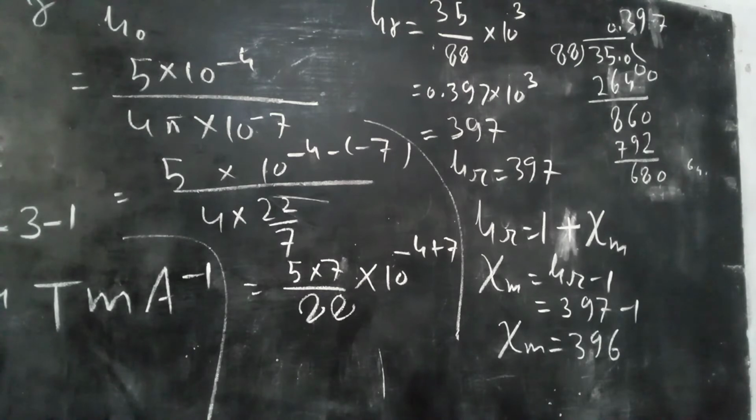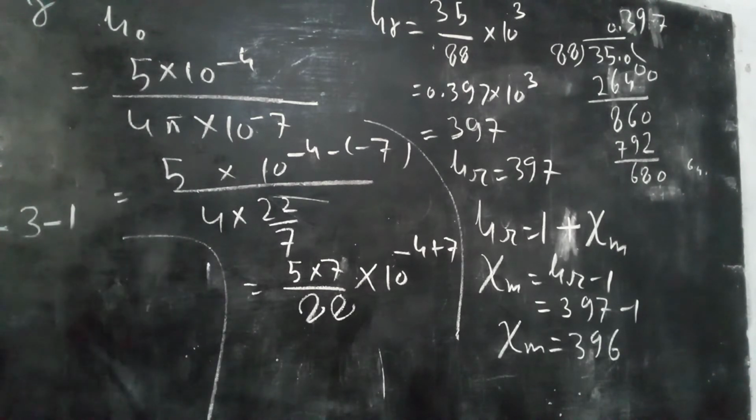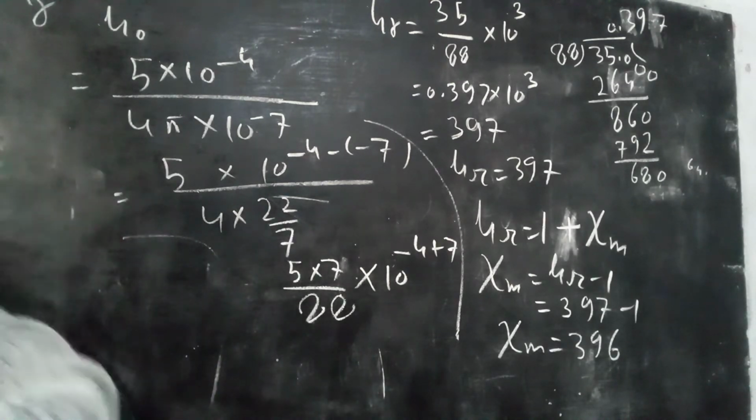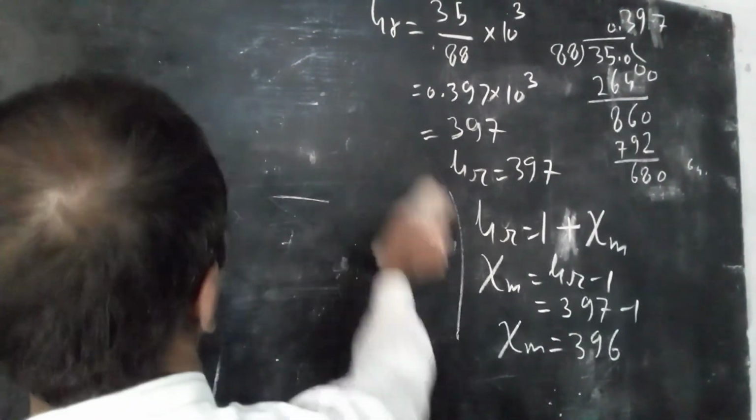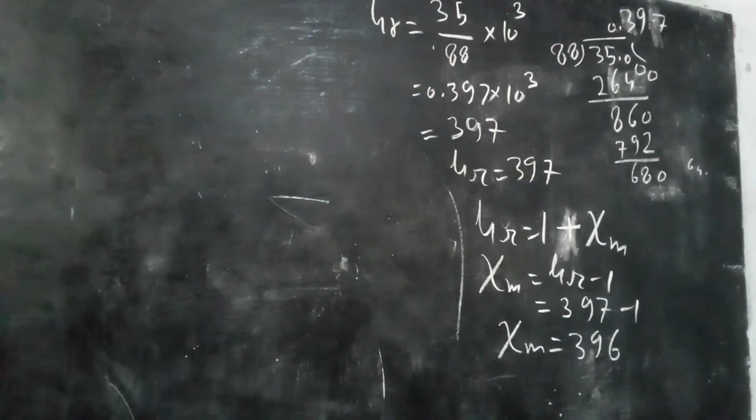Which relation do we use to find it from the given data?